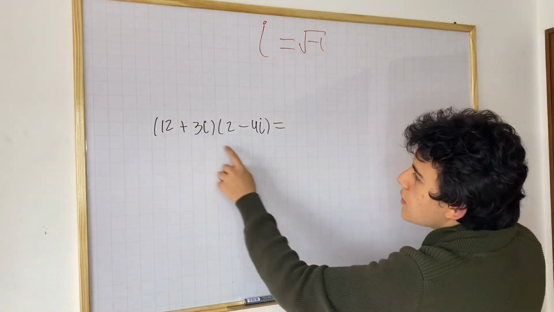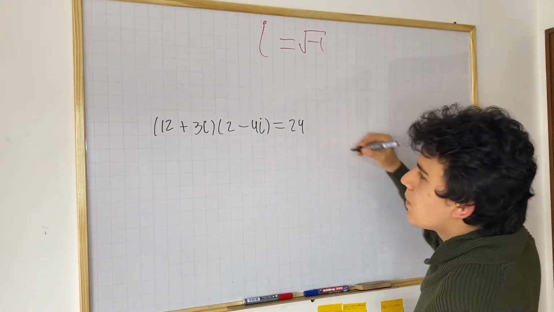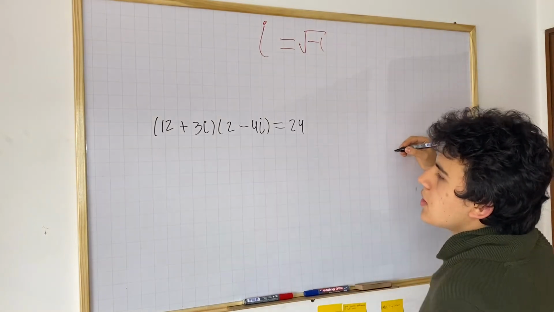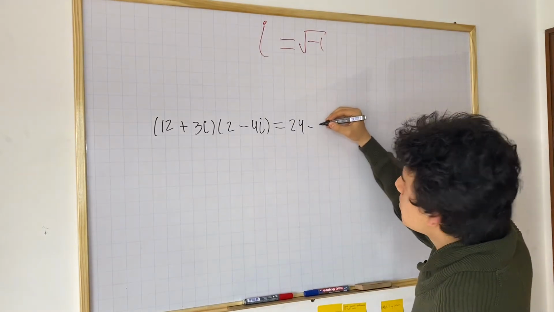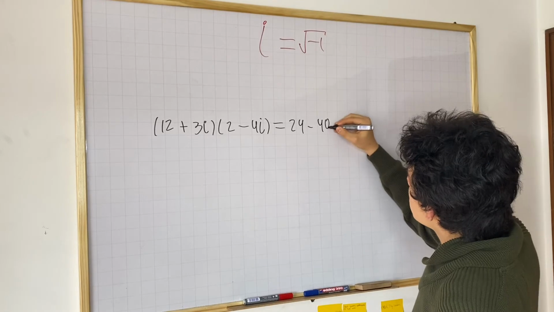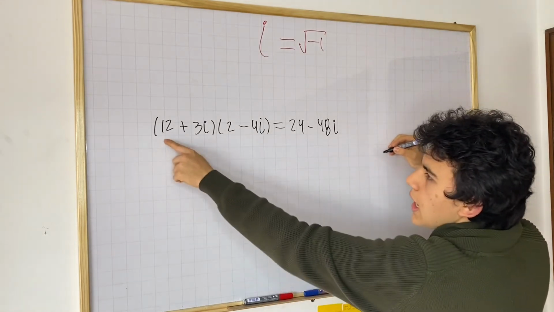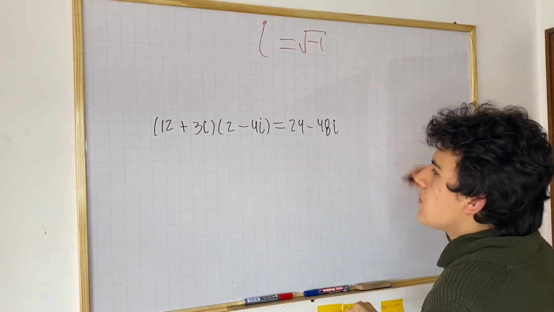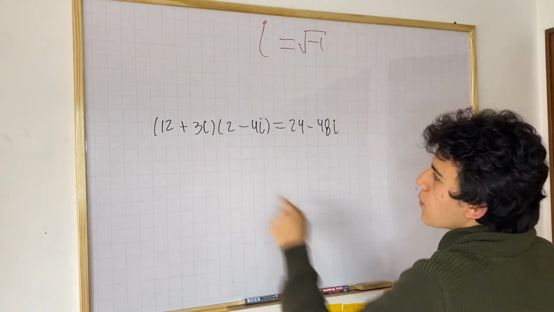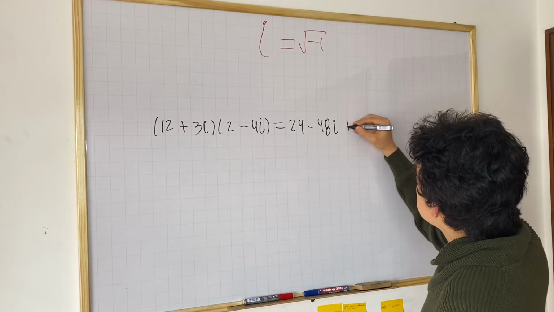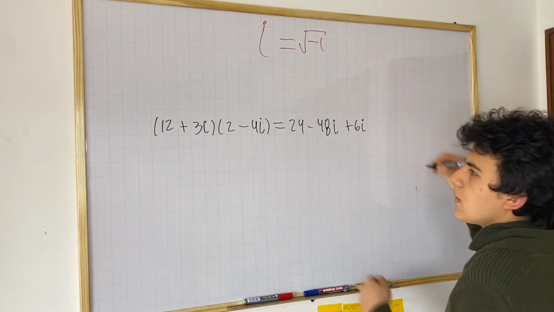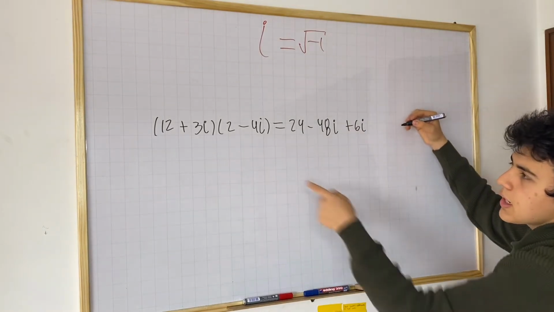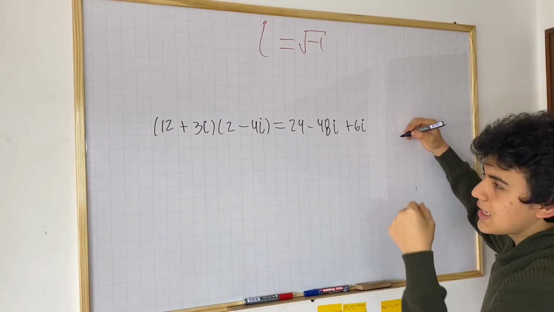We get 12 times 2, 24. Now we have 12 times minus 4i, that's minus 48i. The i, you just simply multiply as with the coefficients. And now we have 3i times 2, so that's plus 6i. And now 3i times negative 4i, in this case we get i squared.